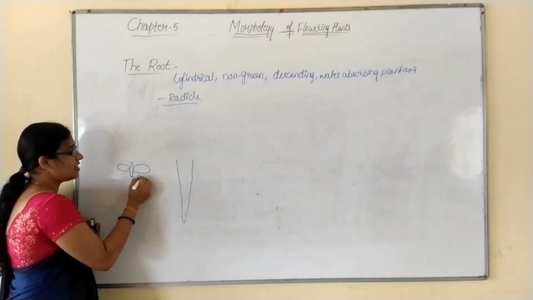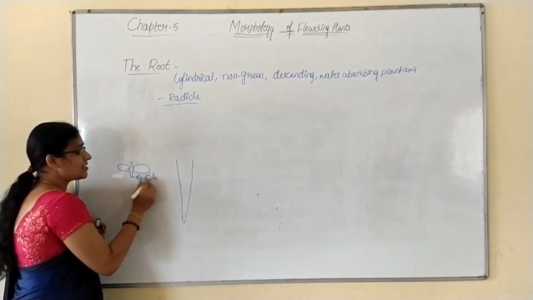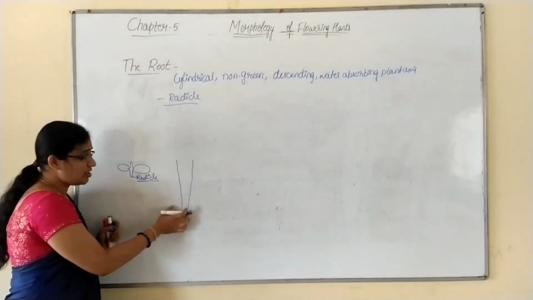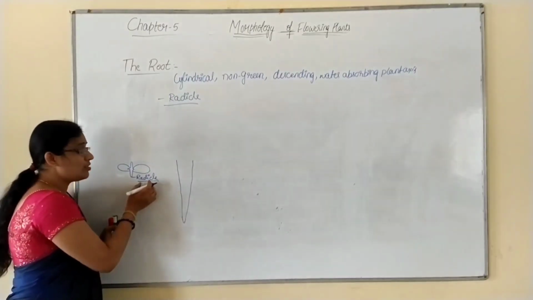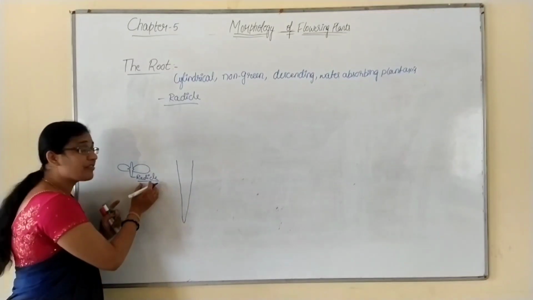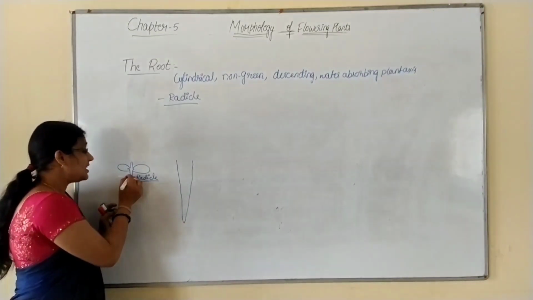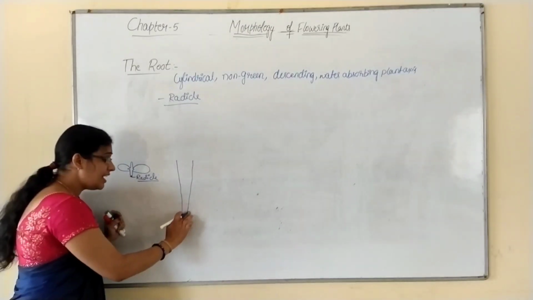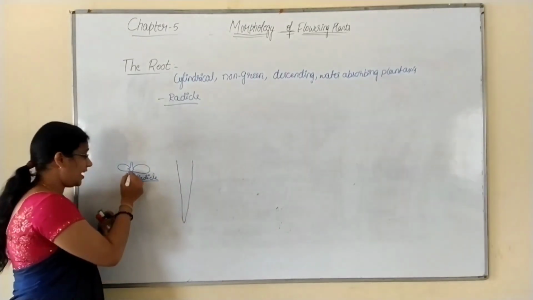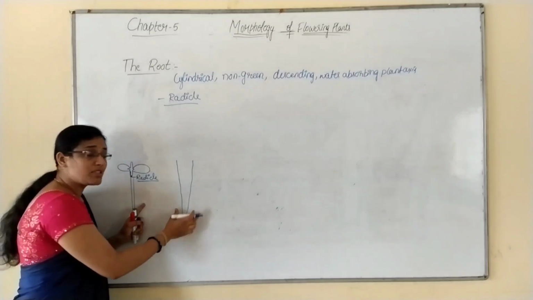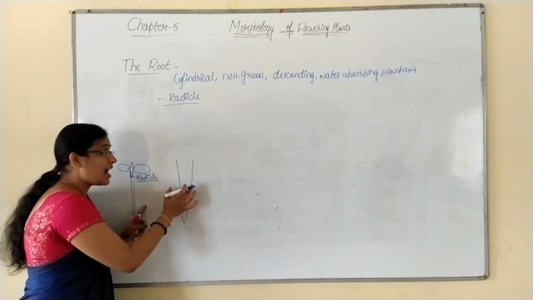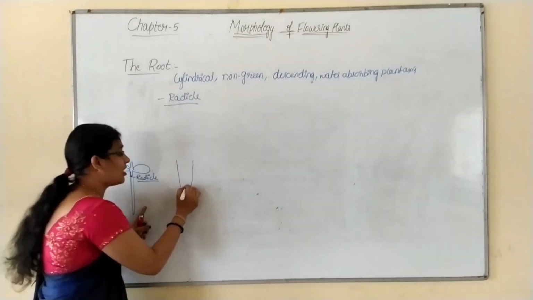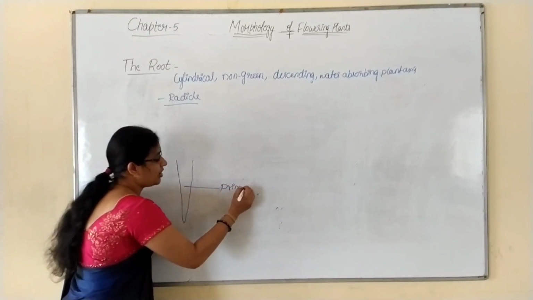So this is the radicle, and this radicle gives rise to the formation of root. I told you. So some roots which are formed from the radicle, what happens? This root elongates and becomes more prominent, and such a root is called the primary root.